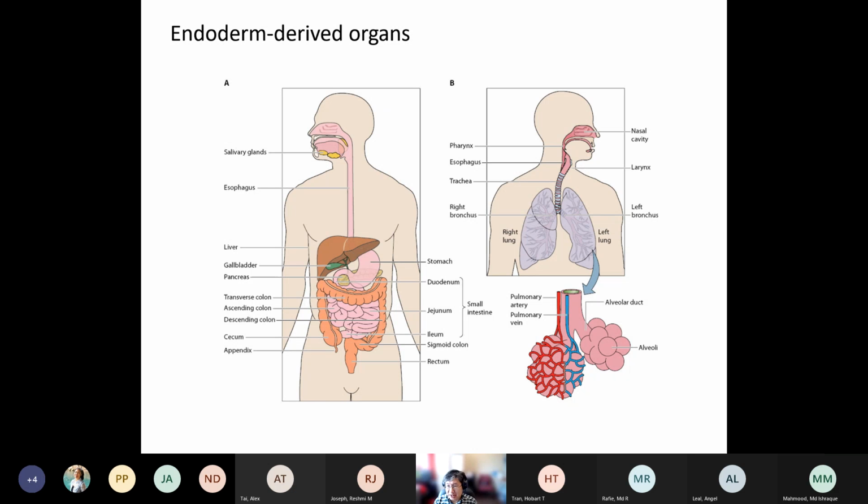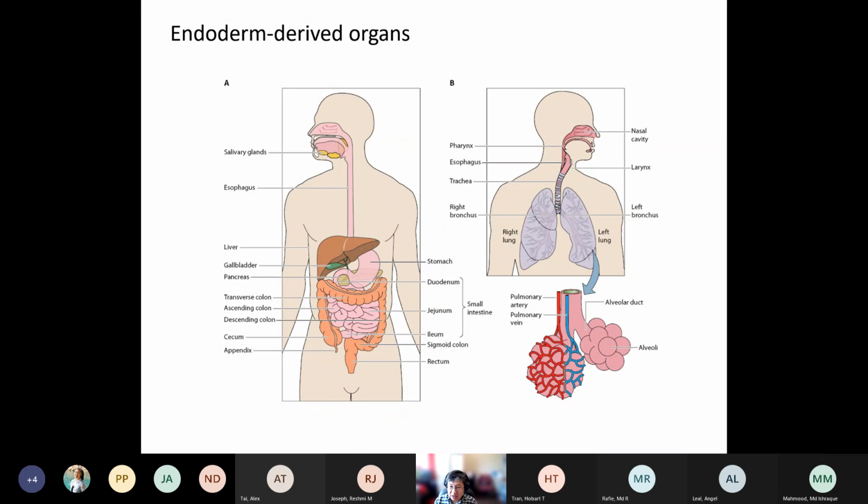So first of all, it's the GI tract. In the GI tract, you have esophagus, followed by stomach, and then small intestine, and then colon. So this is the tract of the digestion system. In addition to that, you have some other organs associated with the GI tract.